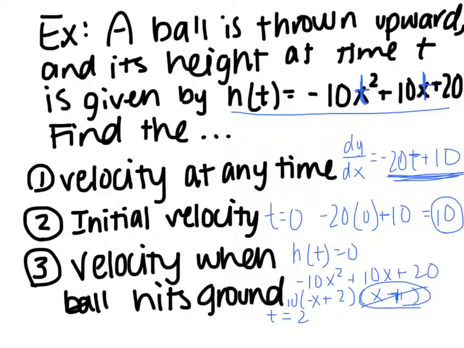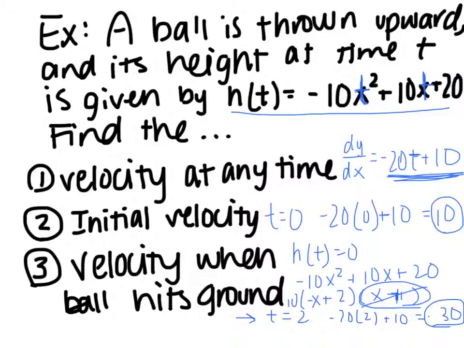To define the velocity when the ball hits the ground, we just plug t equals 2 into that first derivative. So -20 times 2 plus 10 equals -30. So that is 3.1.